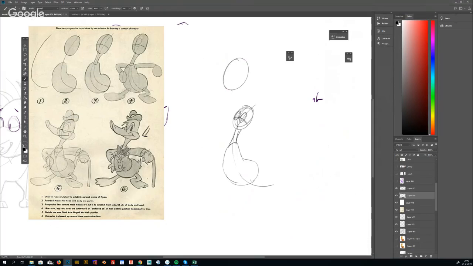So you have this head, and you draw this eye on top of it. But think how that eye is on this shape, so that eye goes a bit with the shape. You get what I mean?